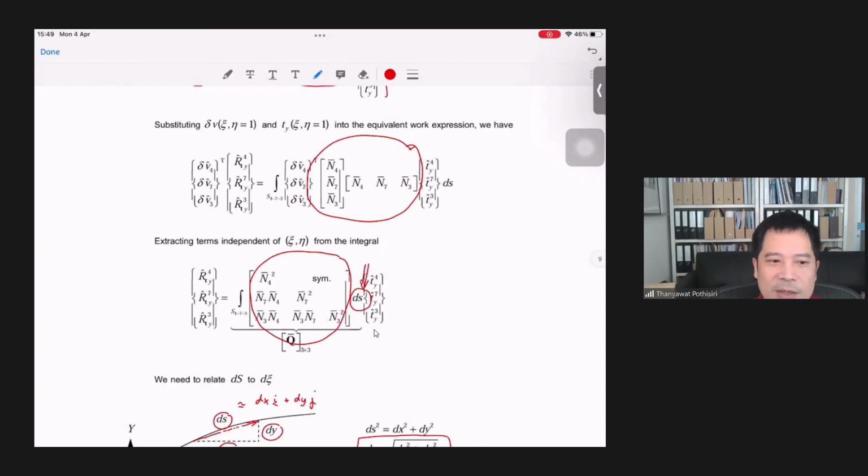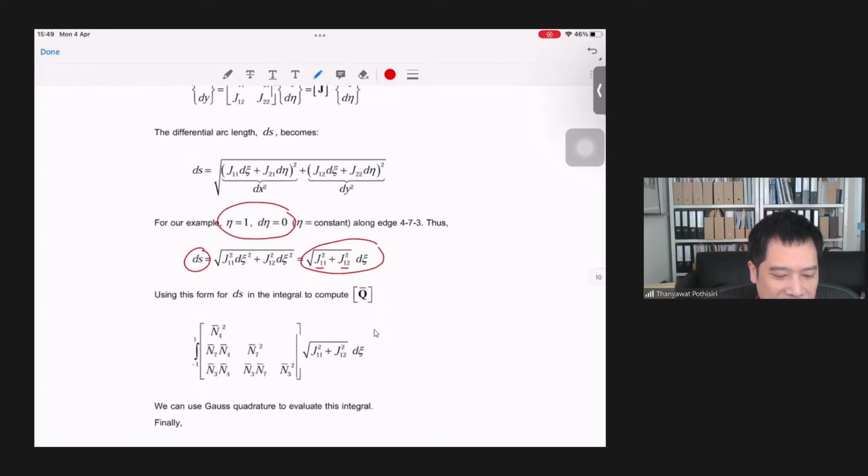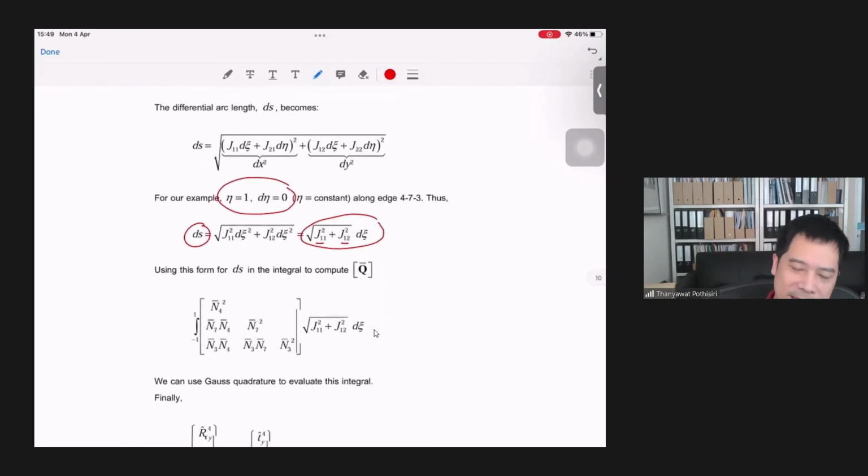So you would see that now, instead of computing this integral on ds, you can write it in terms of an integral in parametric coordinates, which is dz, which is a lot easier to compute because now the domain in dz would be from -1 to 1.